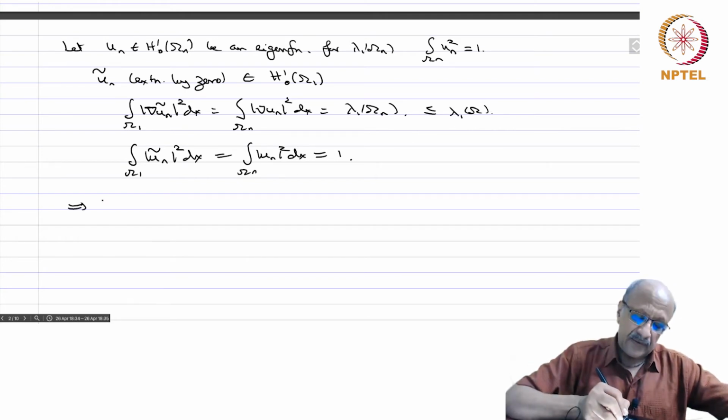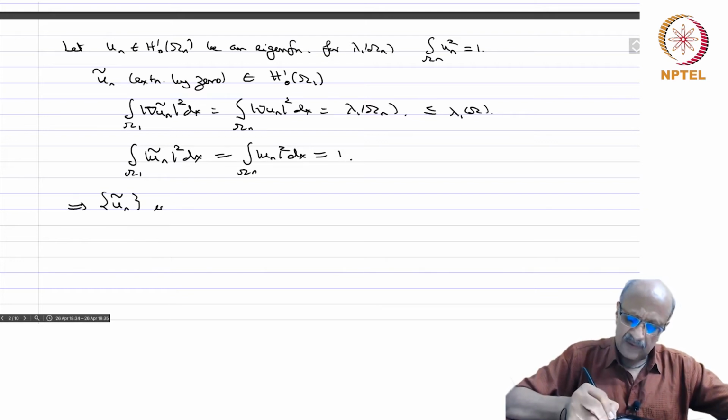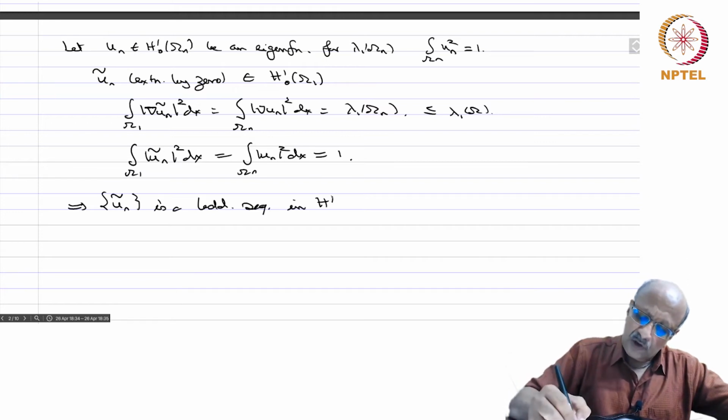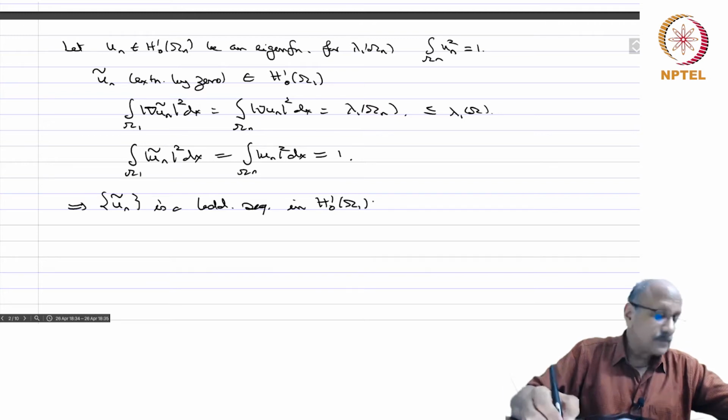So, this implies that u_n tilde is a bounded sequence in H^1_0 of Omega_1.